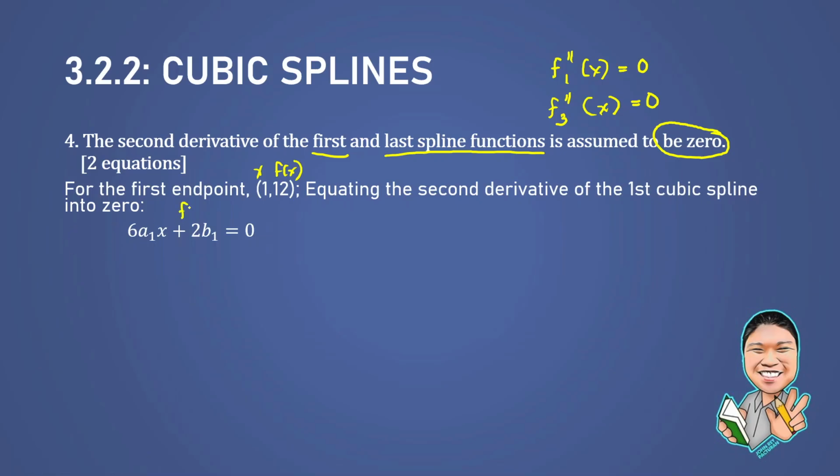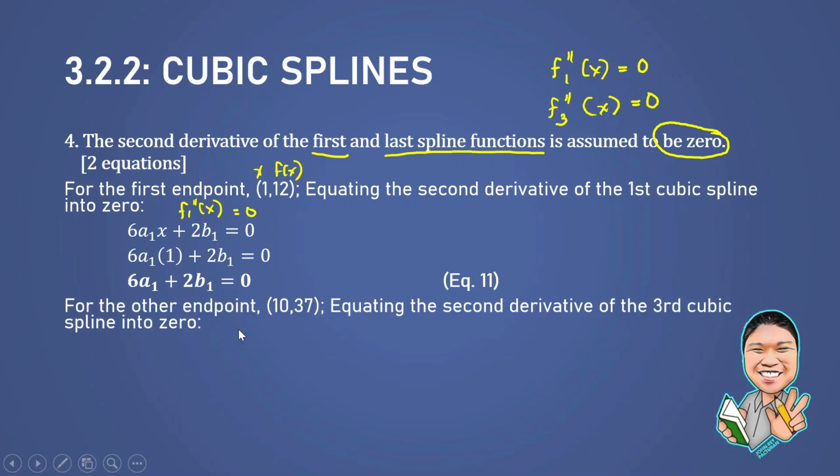This is the second derivative, the second derivative of the first spline. So, equate it to 0. And of course, our x is 1. So, therefore, just substitute x equal to 1. Our equation 11 is 6a sub 1 plus 2b sub 1 is equal to 0.